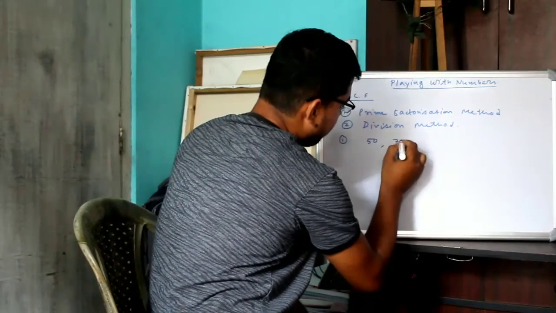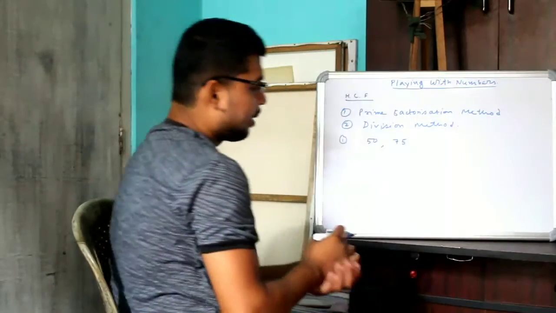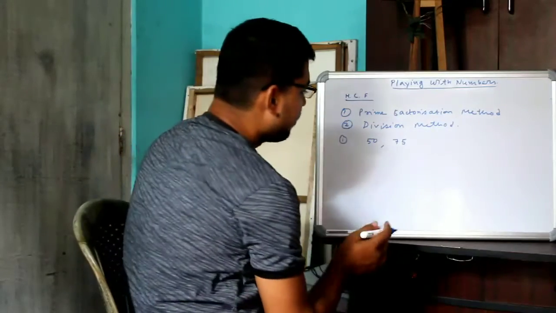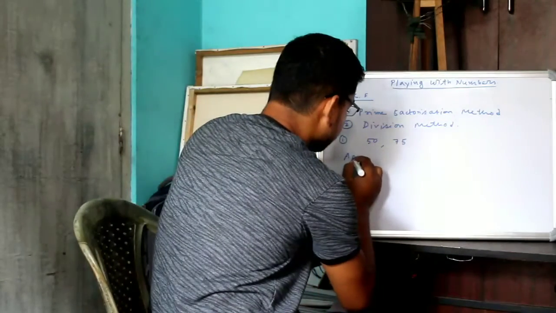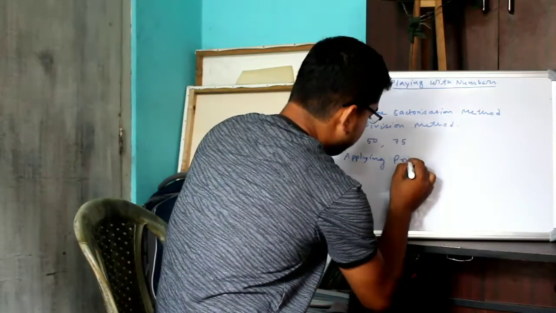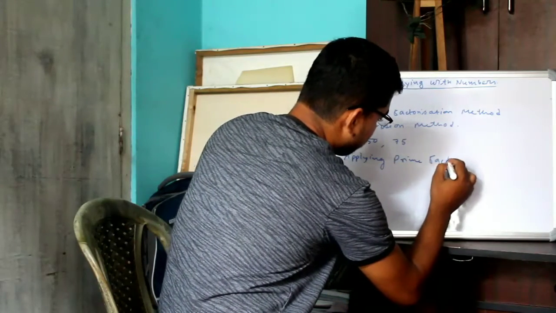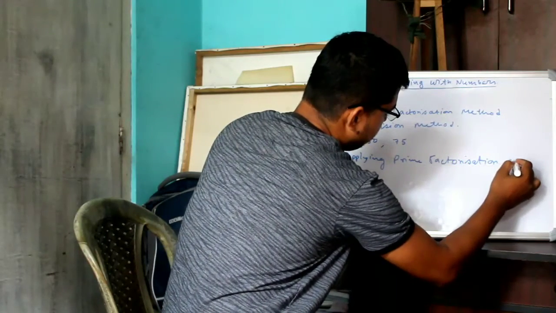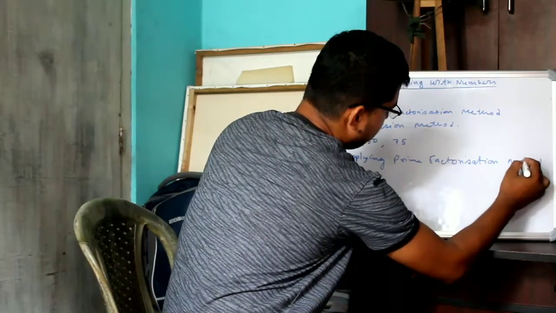First we will try number 1 with 50 and 75, using the prime factorization method.